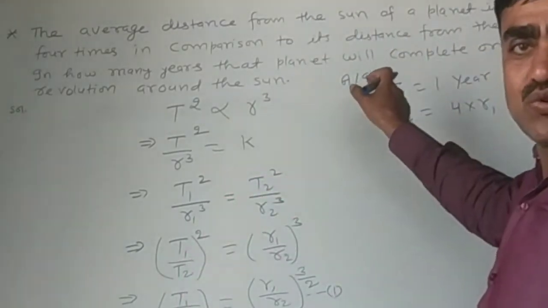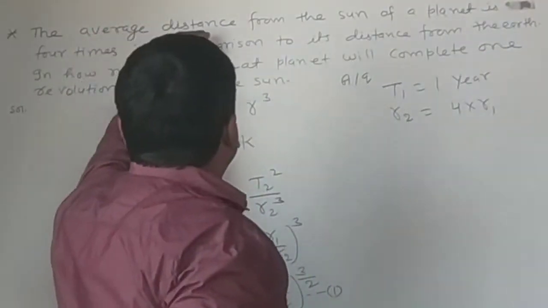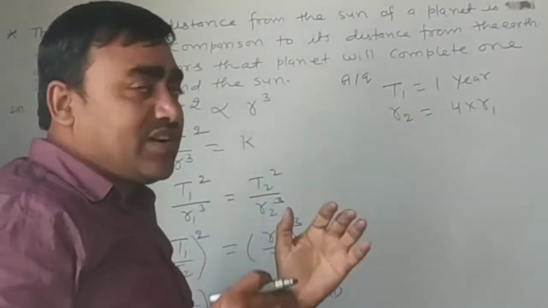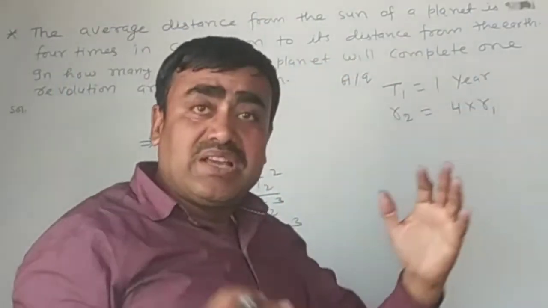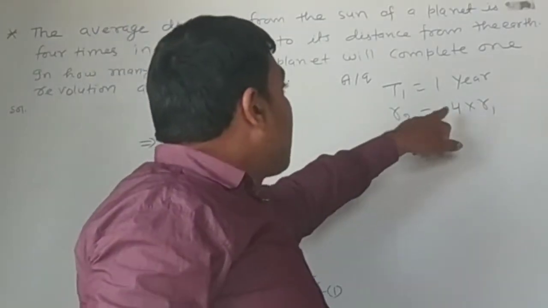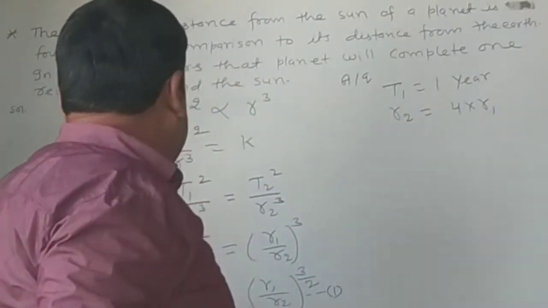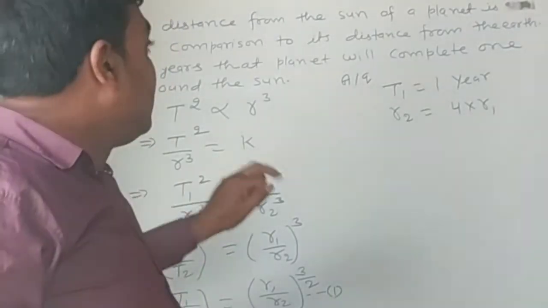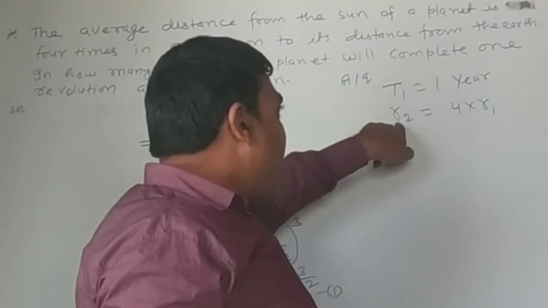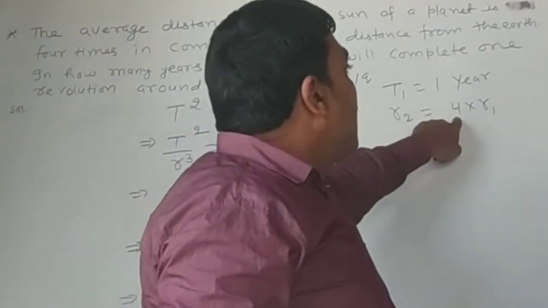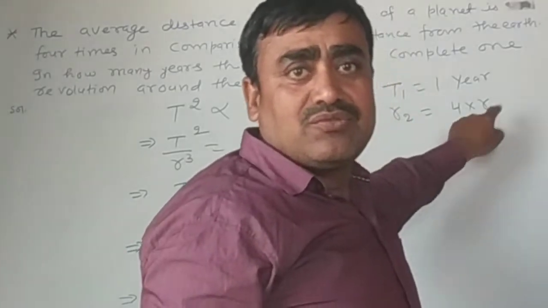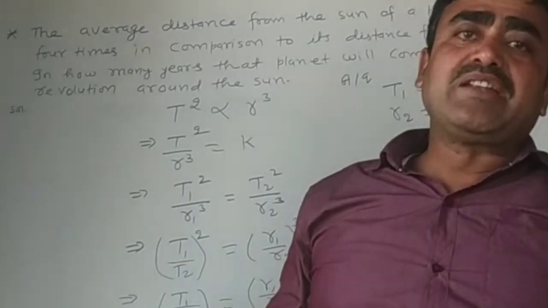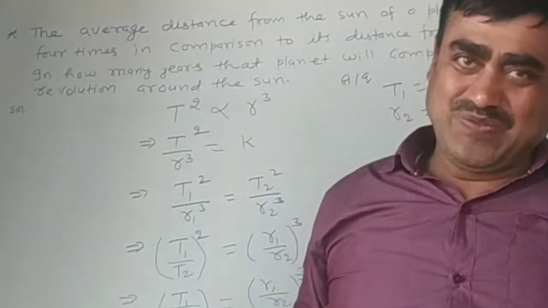According to your question, the average distance from the sun of a planet is 4 times its distance from the earth. If R1 is the distance from the earth to the sun, then R2 will be equal to 4 into R1, where R2 is the distance between the given planet and the sun.